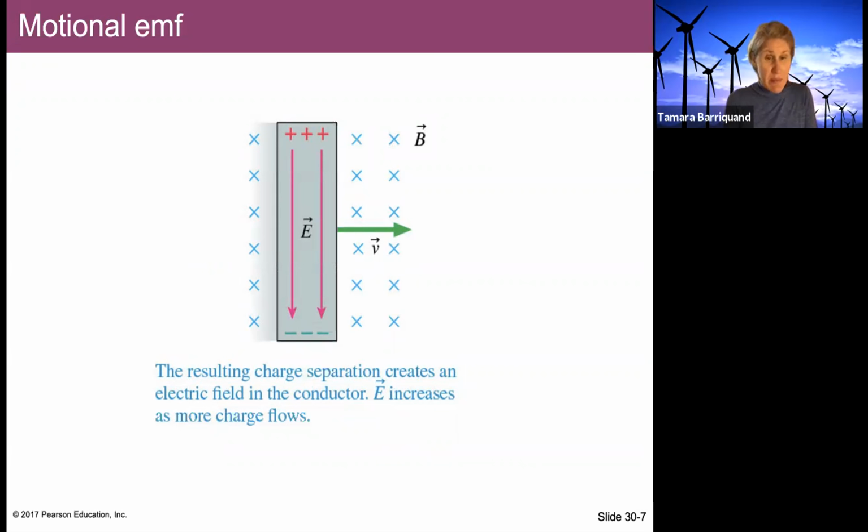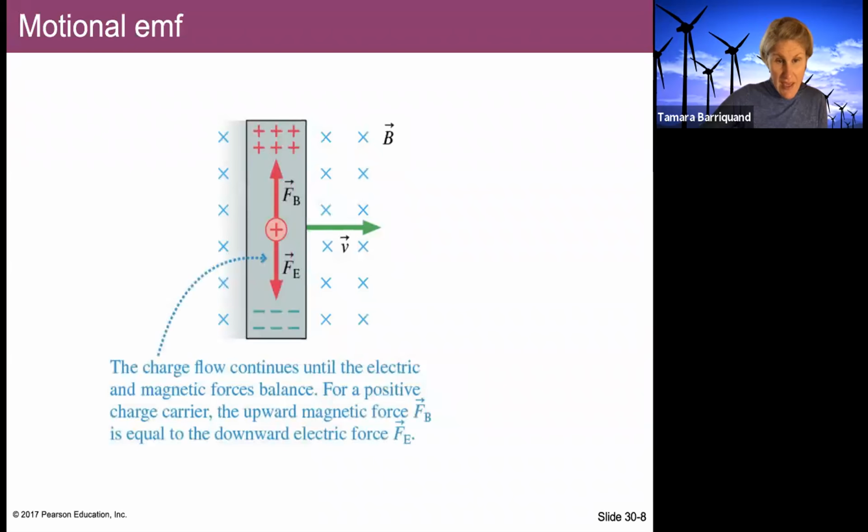We've had a charge separation where we have positive charges on one end and negative charges on the other, just by moving our conductor through a perpendicular magnetic field in this case, or just through a magnetic field. And we see that in this case, we end up with the positive charges on the top and the negative charges on the bottom. And we know that this was due to the fact that we had this magnetic force that was moving the charges to the top and the negative charges to the bottom. And in that case, what we have is a charge separation.